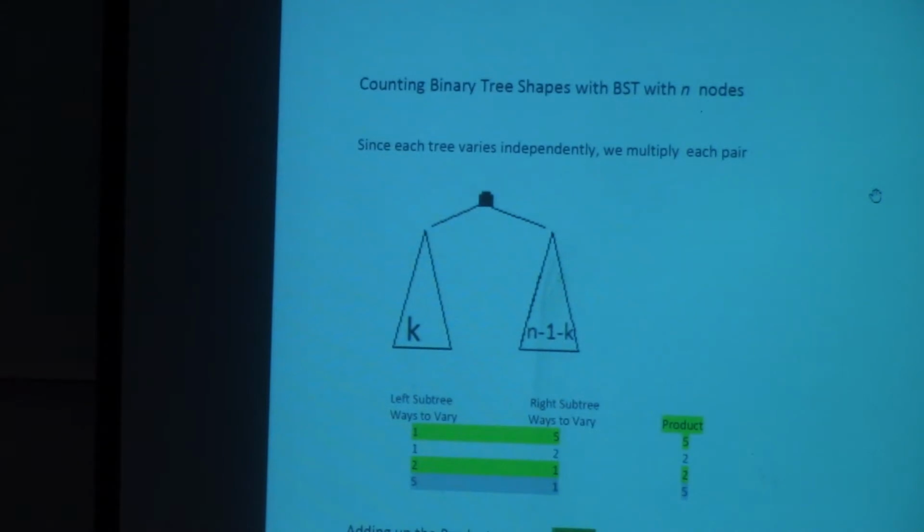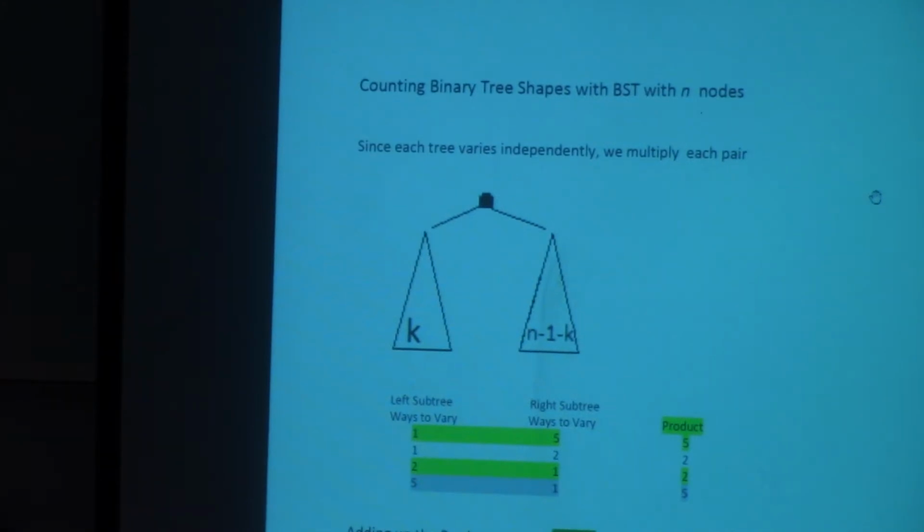And so this is the product we're talking about. So we're going to simply multiply 1 times 5, 1 times 2, 2 times 1, 5 times 2. And the product we're going to get is S4 is equal to, well, S4 is not equal to, what's S4 equal to? 14, not 5. 5 is S what?